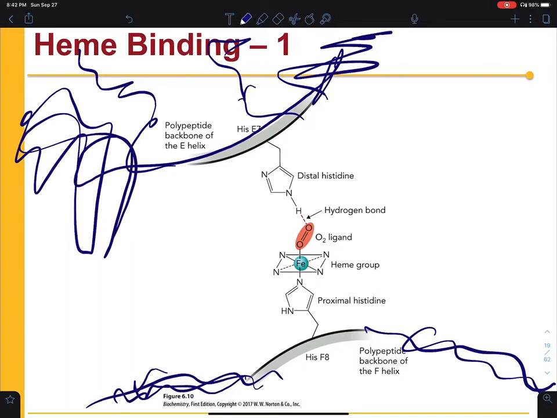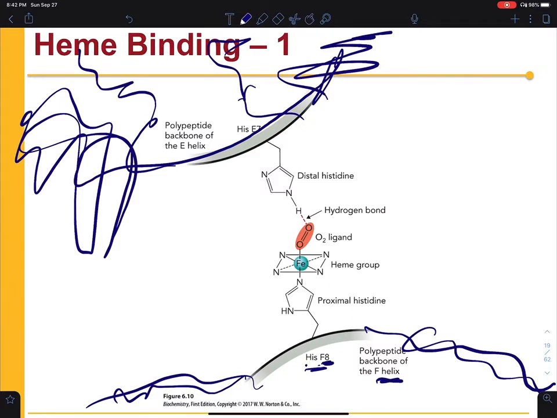When you look at the heme group, it sits right here. Now it's bound to this histidine. This is a histidine at F8, so this is alpha helix F, and then F8.